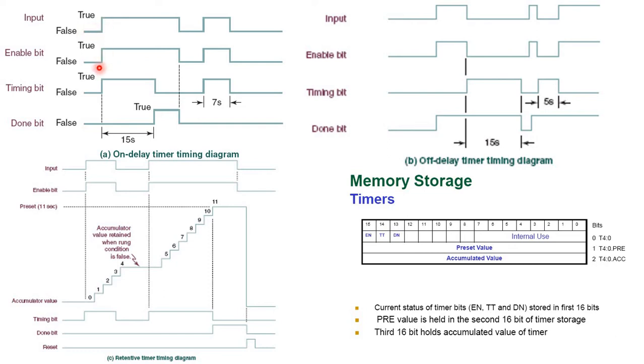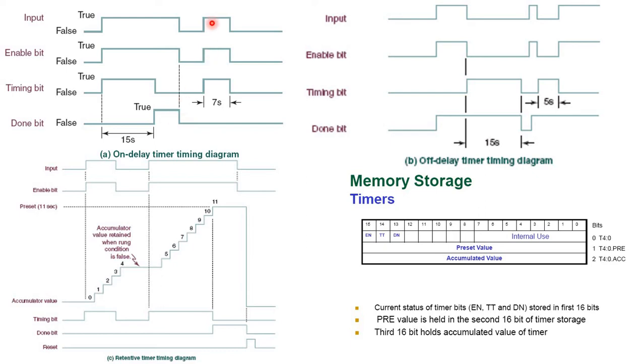Your timer will become enabled immediately. The enable bit will become true immediately, and your timing will start to count the time. Your accumulated value will keep on increasing, and once it is equal to the preset value, the timing bit will become false and your done bit will become true. So you are delaying 15 seconds to turn on this device.